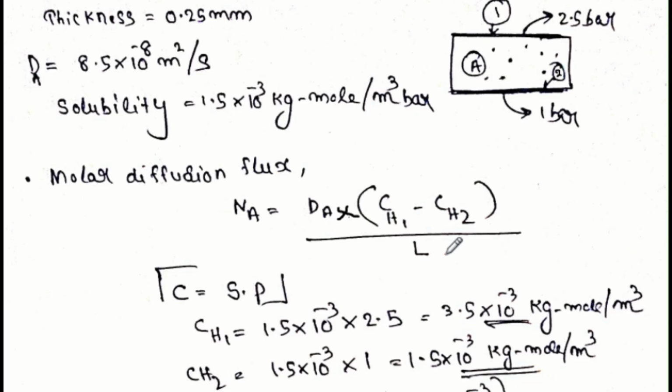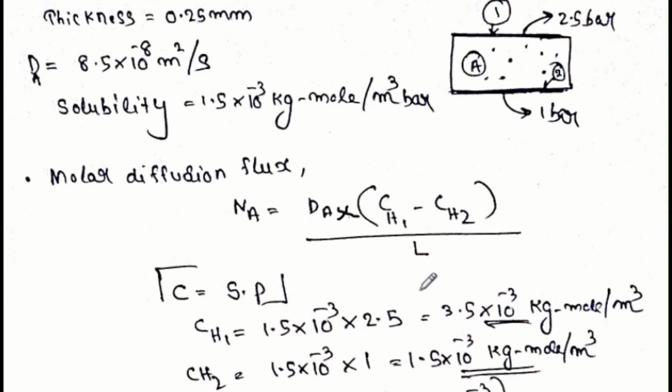I'm calling the region where the 2.5 bar is maintained region 1, and the other end where 1 bar pressure is maintained region 2. So C_H1 is the concentration of hydrogen at the 2.5 bar region, and C_H2 is at the 1 bar region.